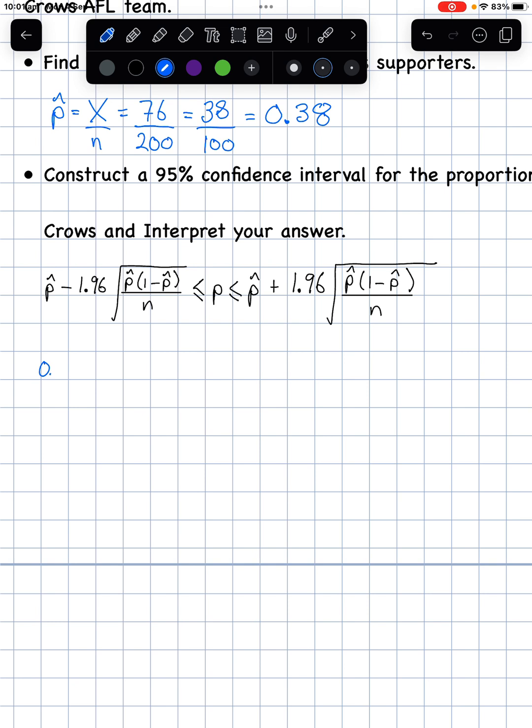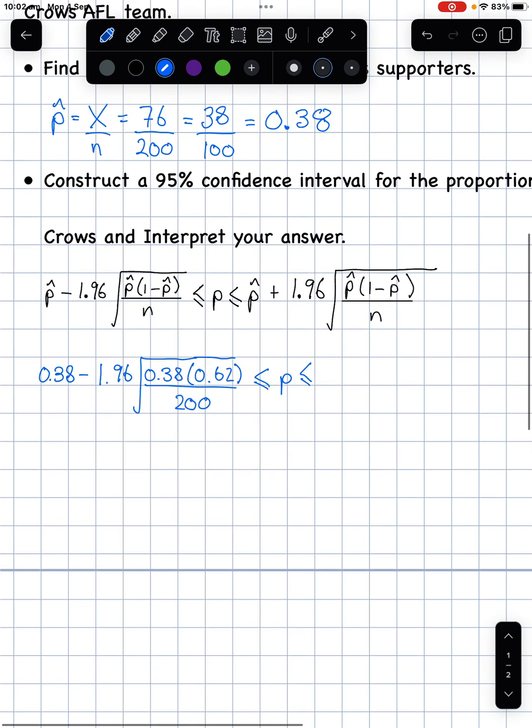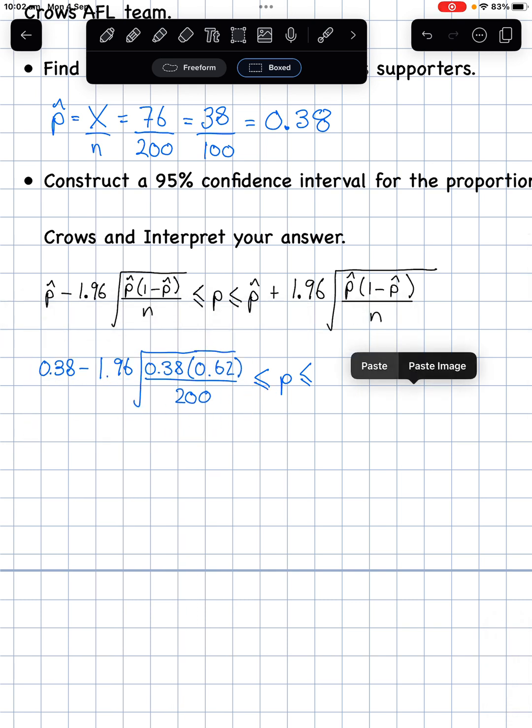So we've got 0.38 minus 1.96 square root 0.38 times 1 minus 0.38, which gives us 0.62, all over 200 samples. Then we've got less than or equal to P, less than or equal to, and unfortunately you can't be as lazy as me here because you'll be in your book.